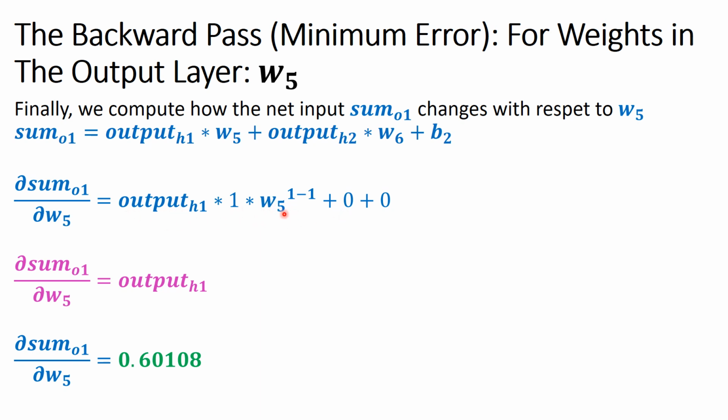W5 مرفوع للقوة صفر بواحد، هنا واحد، إذا فضل لك output H1. يعني partial derivative ل sum O1 with respect to W5 equals output H1، ودي قيمة output H1 0.60108.